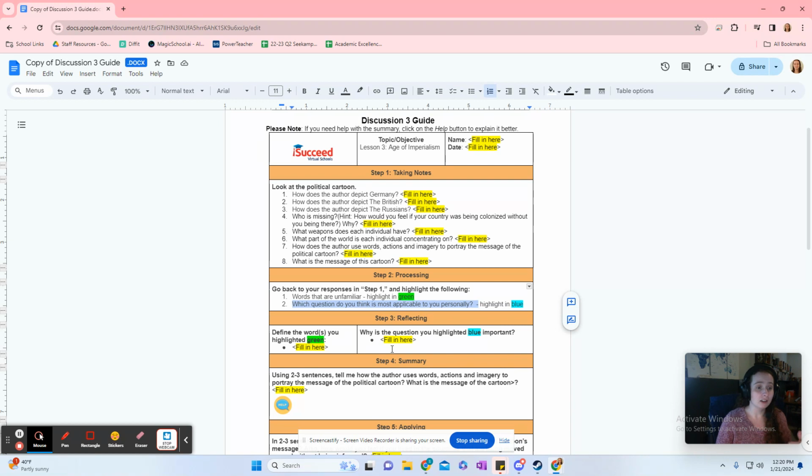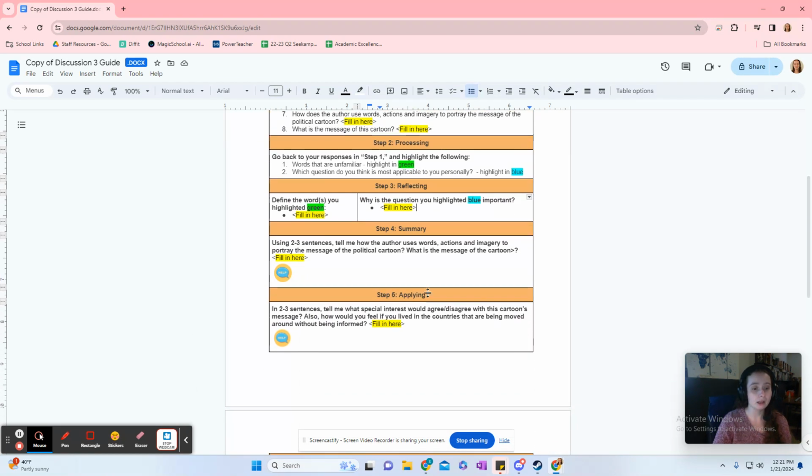So you can say, the message of this political cartoon is really similar to a meme that I've seen recently. It can relate. So try to find some sort of personal connection. I apologize. That's where most people lose points, in step two and step three, just skipping over that because they think, I don't connect to this. Try to make some sort of connection so that you can get those points.